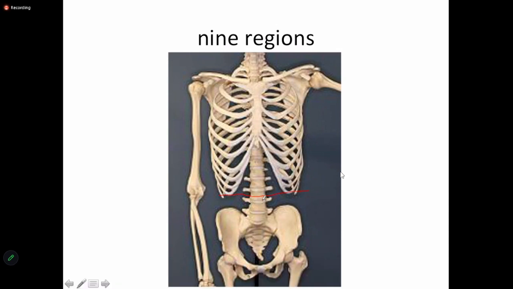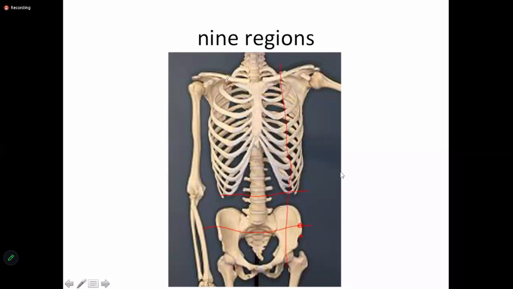Then you take the intertubercular plane. This is the anterior superior iliac spine, but when you go a little higher, you see a little broadened area, the iliac tuberosity. If you're there, that's the intertubercular plane.